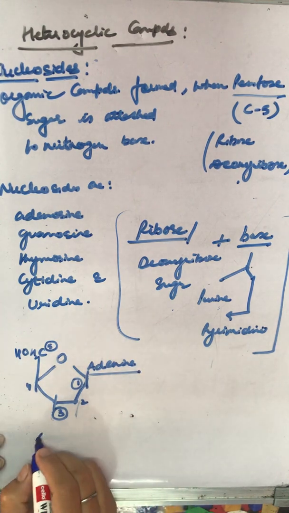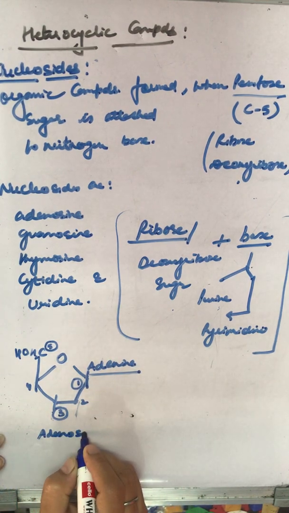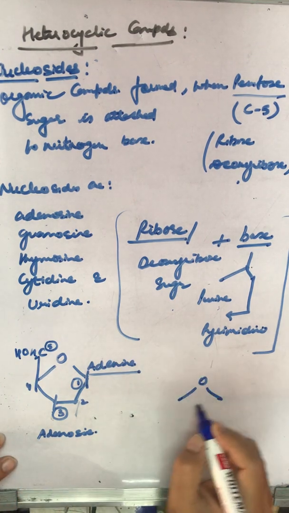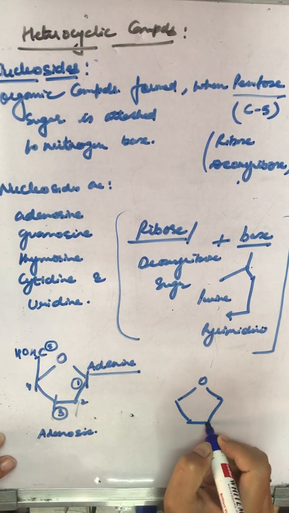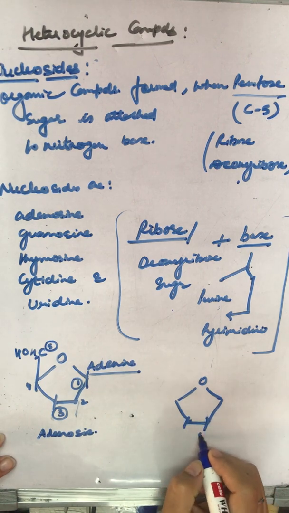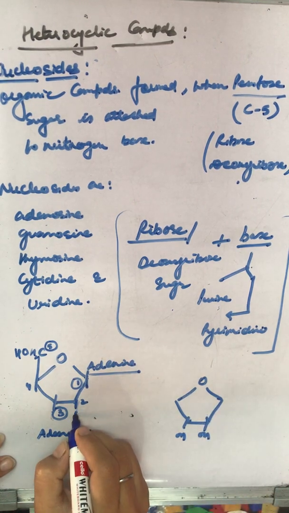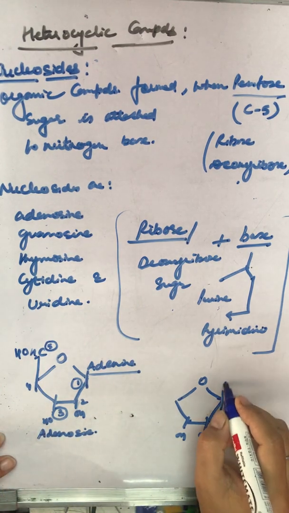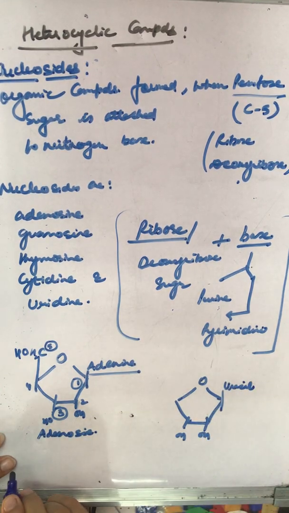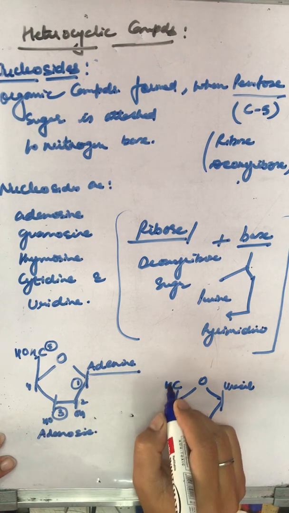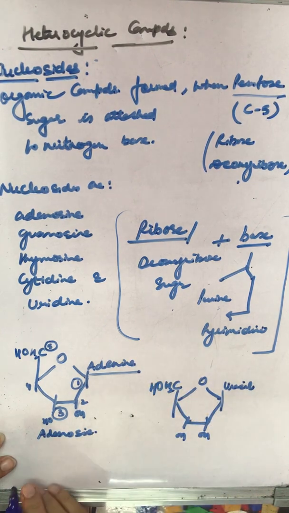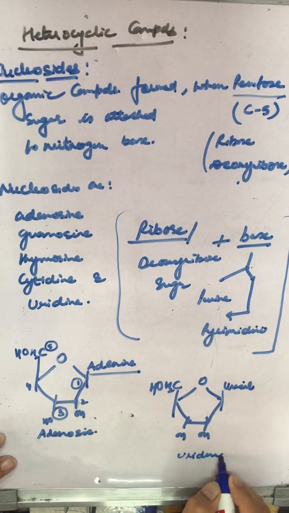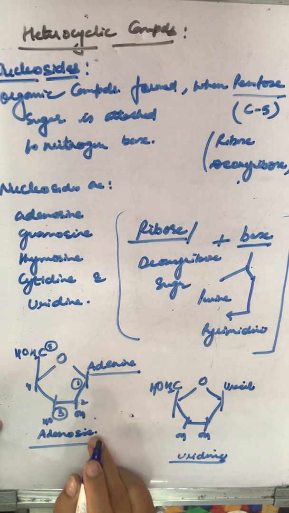So this is adenosine. When we say uridine, it means OH, OH everywhere. Here the base uracil is present. Same way the fifth carbon is CH2OH. Okay, this is the uridine structure, this is the adenosine structure.